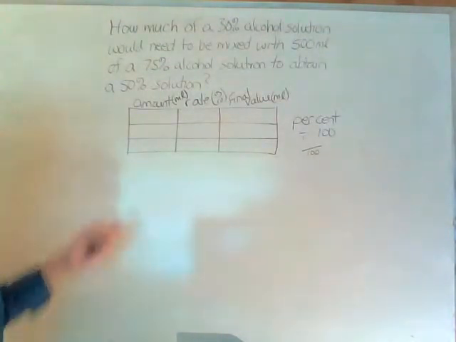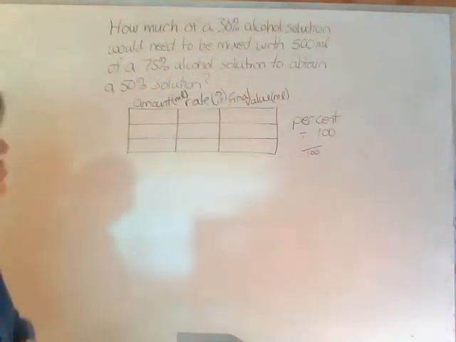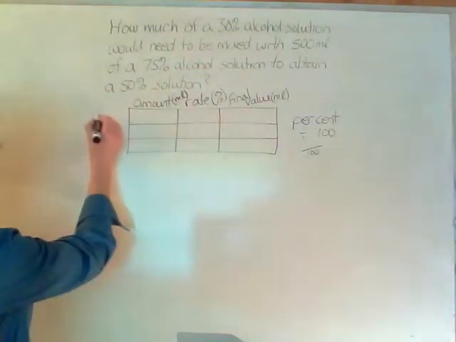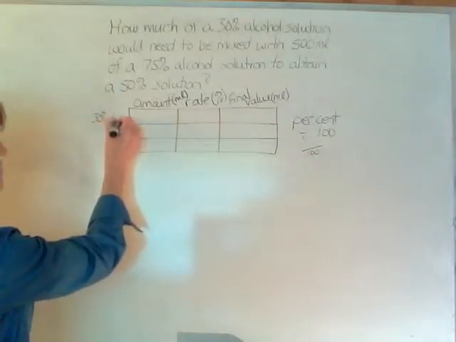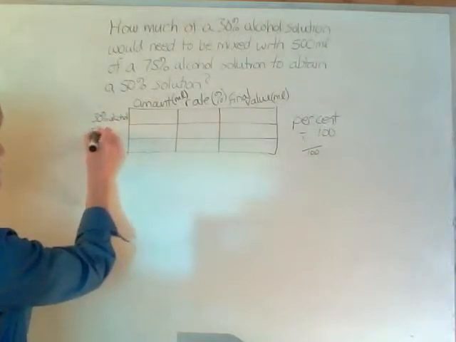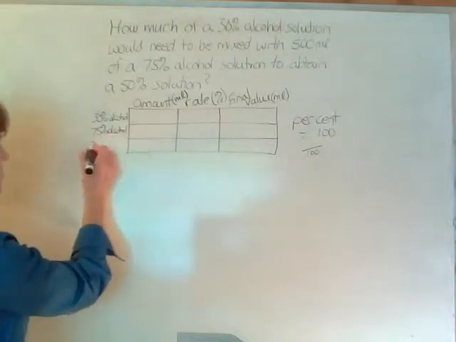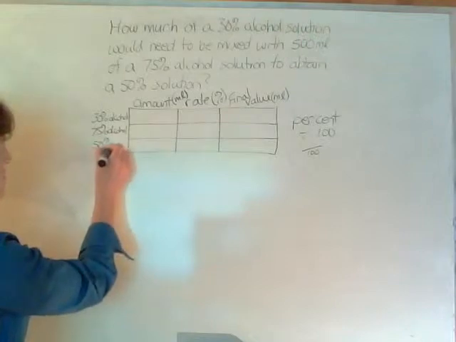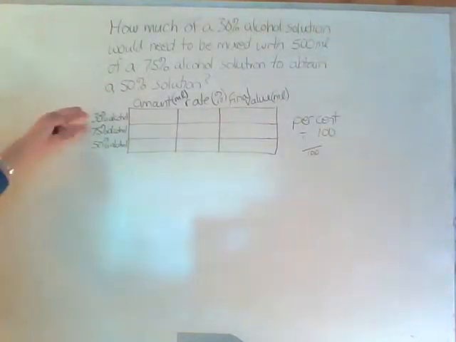Okay, so for this problem, it says how much do I need? Well, I'm mixing a 30% alcohol solution with a 75% alcohol solution, and I'm getting a 50% alcohol solution. I'm mixing these two to get this one.